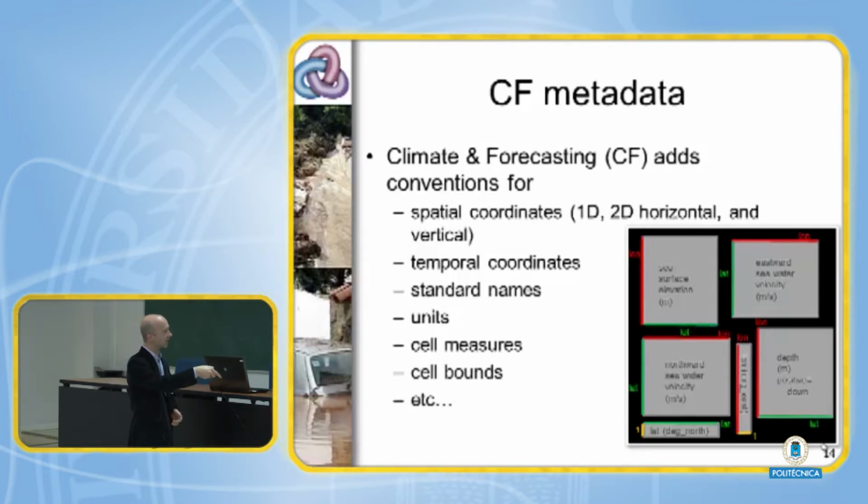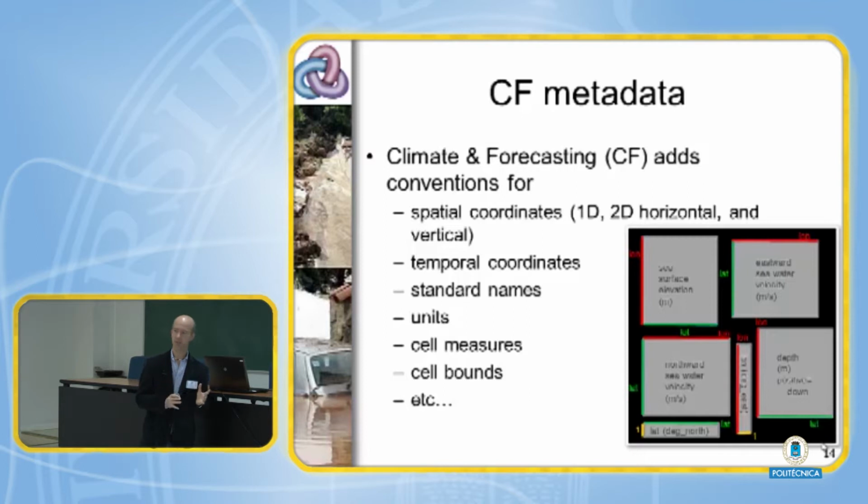So you then see, okay, I have here water level, I have here the depths, I have two components of velocity, so now I can start making sense of the data. So that's the combination of NetCDF plus the CF conventions for data storage.